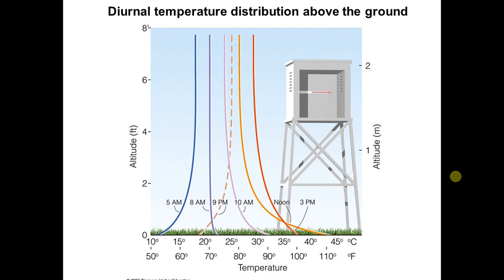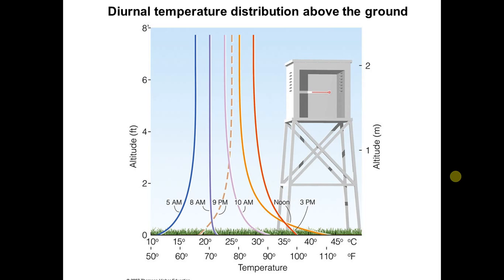Here is a figure from the book showing diurnal temperature distribution above the ground. And so what you are looking at in this figure is how the temperature varies in the lowest 2 to 3 meters, about 6 to 9 to 10 feet, at different times of the day.